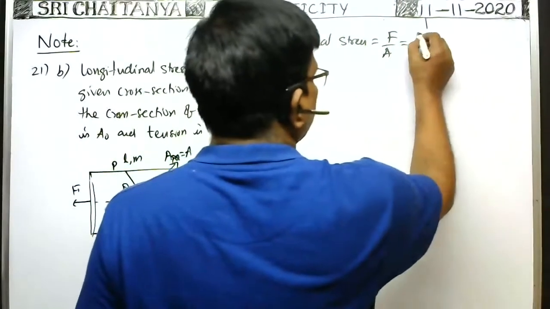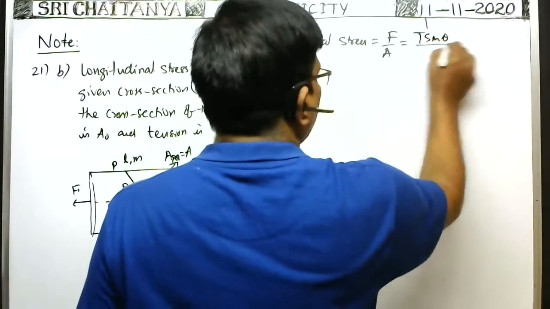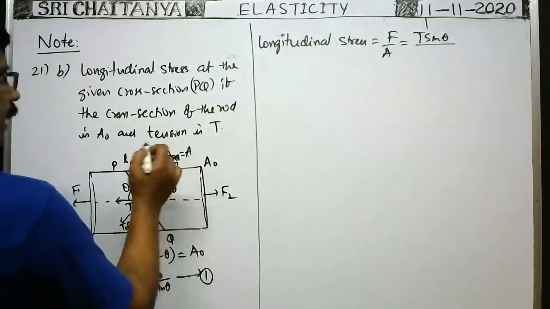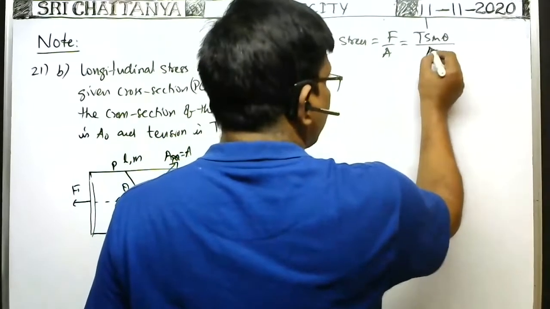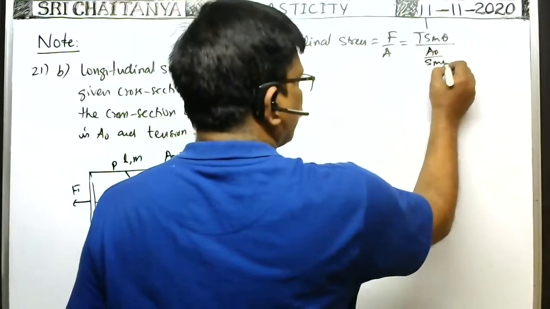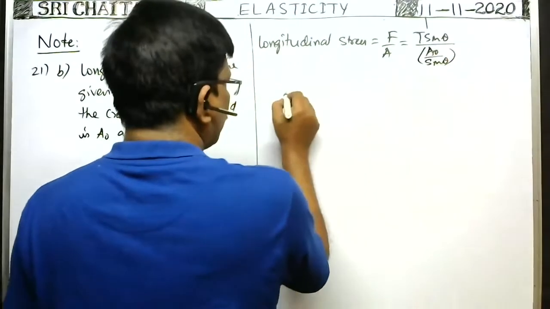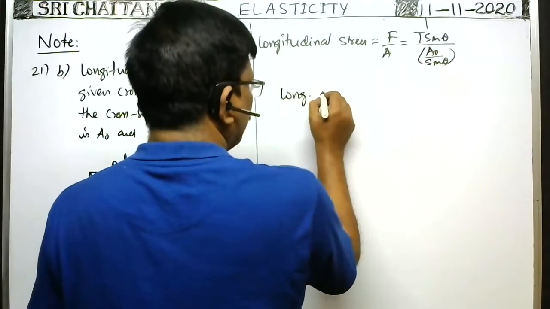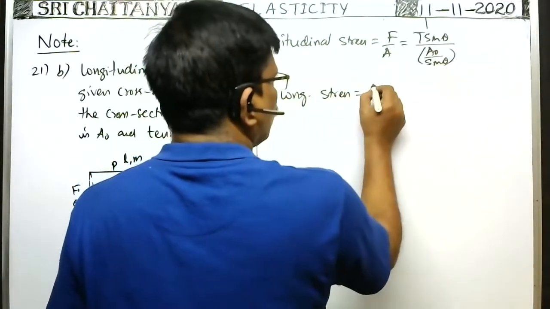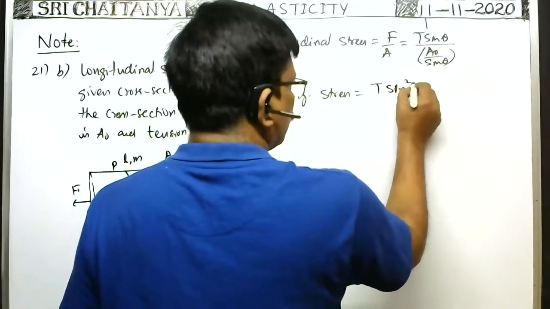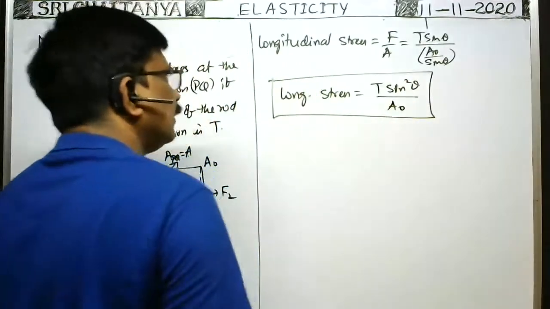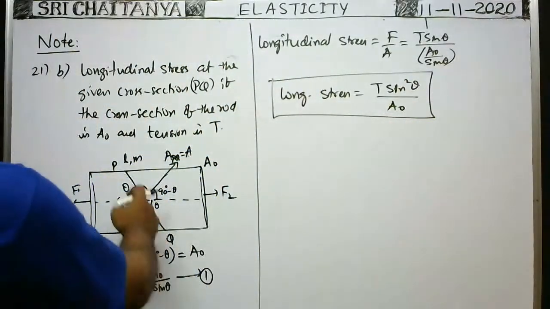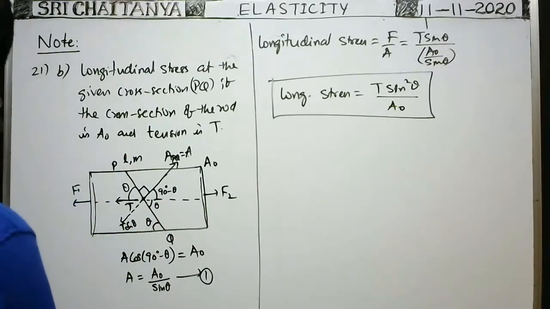So T sin theta by area of cross section, which is A. A means A naught by sin theta, because A naught is given, not A. Therefore, longitudinal stress is equal to T sin square theta by A naught. So this is the longitudinal stress that acts at this cross section.